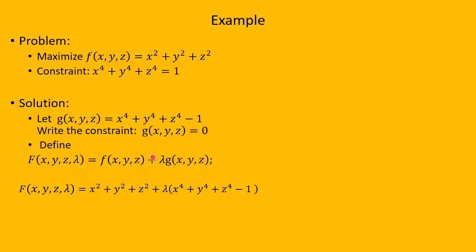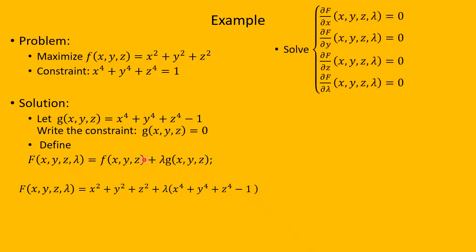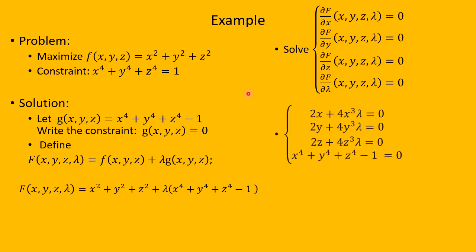So in our particular case for this problem, our function capital F is going to be x squared plus y squared plus z squared, which is little f, plus lambda times this stuff, which is lambda times g. So what we want to do is to solve these 4 equations. This is just the standard equations that we're always going to be solving for this type of problem.